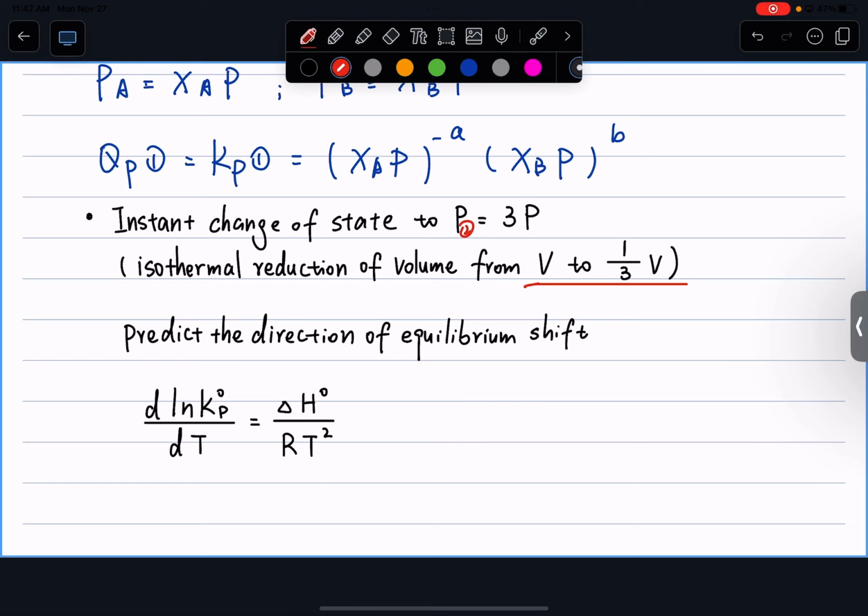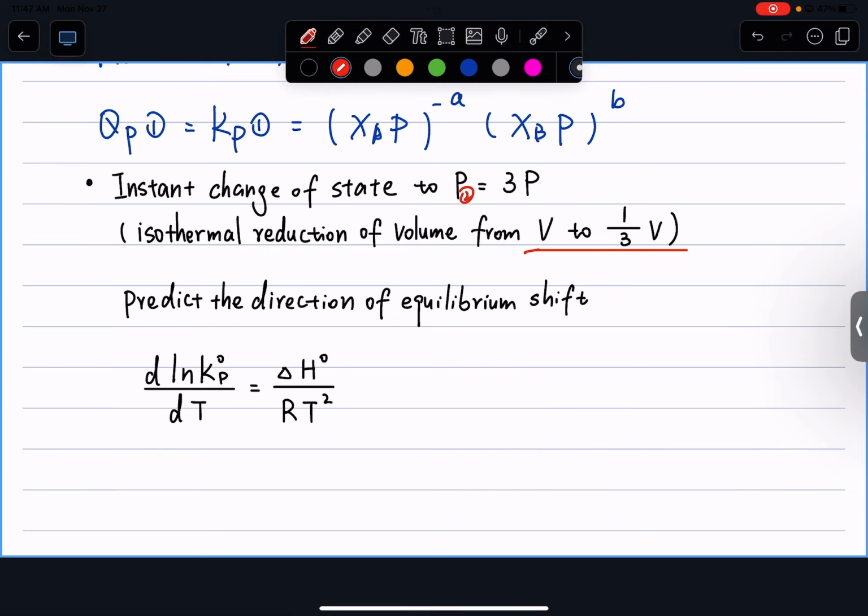So again, recall our Van 't Hoff equation. We're not using it. We're just saying your Kp naught is constant at constant T. So we're talking about an isothermal pressure change. So the temperature is not changing. Your equilibrium constant is not changing. But your reaction quotient might.